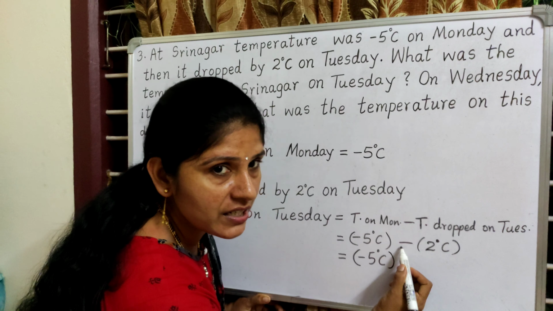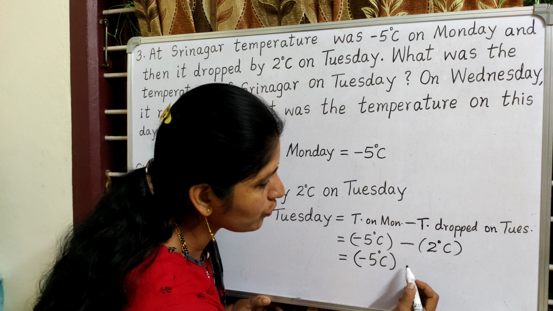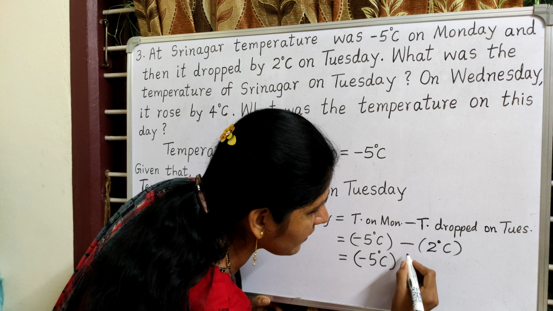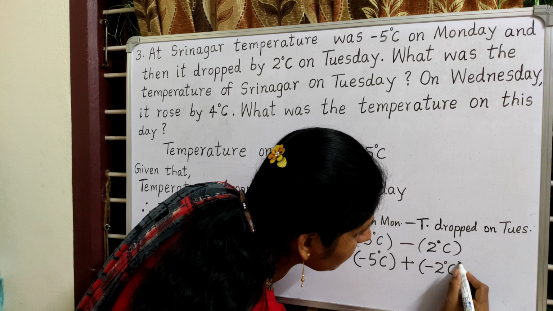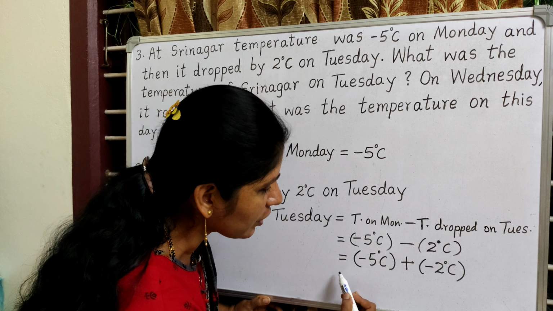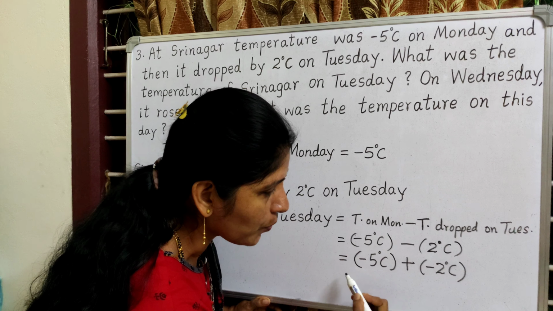Change the operation sign from subtraction to addition. So change the minus sign into plus sign. Change the sign of the second number. So plus 2 becomes minus 2. Minus 2 degrees Celsius.